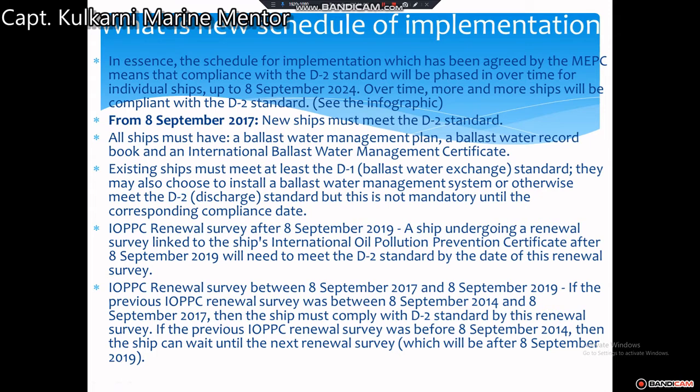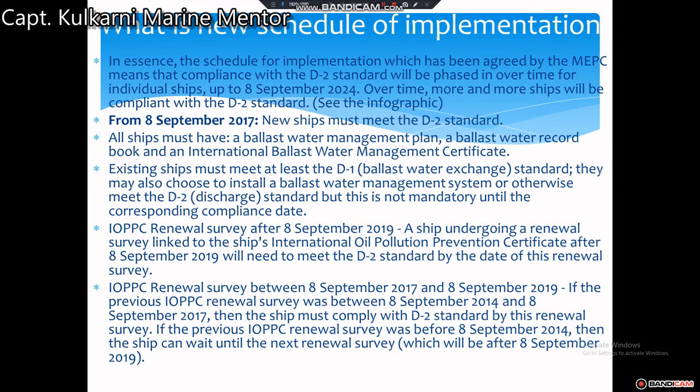All ships must have a ballast water management plan, a ballast water record book, and an international ballast water management certificate. Existing ships meet at least D1 standards, and otherwise meet the D2 standards, but it is not mandatory. It is going to become mandatory after 8 September 2024.